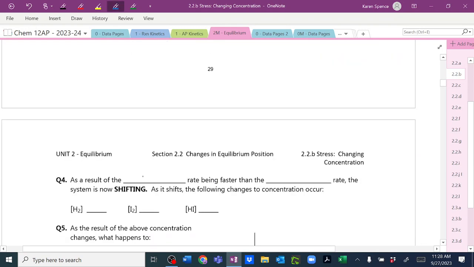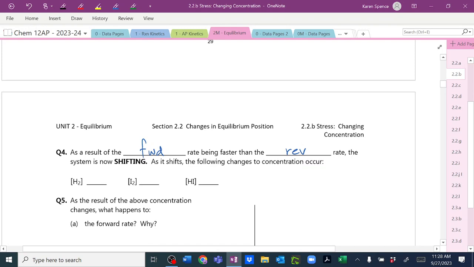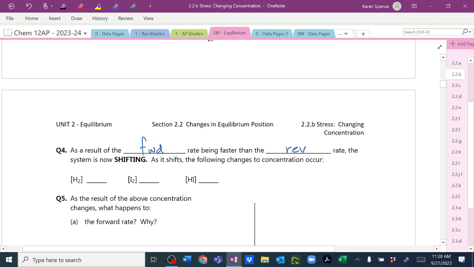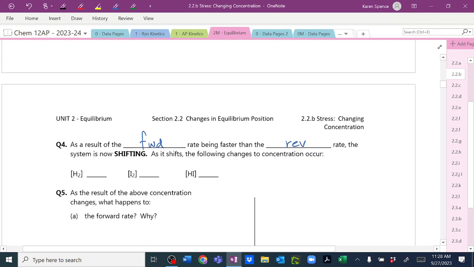As a result of the forward reaction being faster than the reverse rate, the system is now shifting. As it shifts, the following changes to concentration occur. Here, let me write the reaction again. We got H2 plus I2 in equilibrium with 2HI.